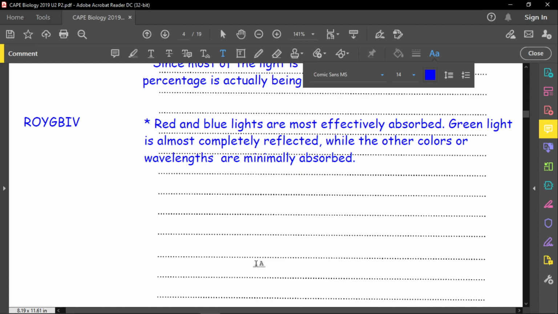Not only that, I must also mention that other environmental factors also affect how plants absorb light. So it's not only the plant and the light itself that determine the amount of light being absorbed, but there are other environmental factors.